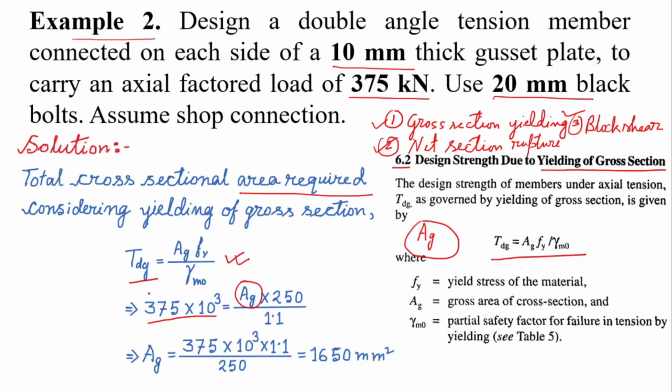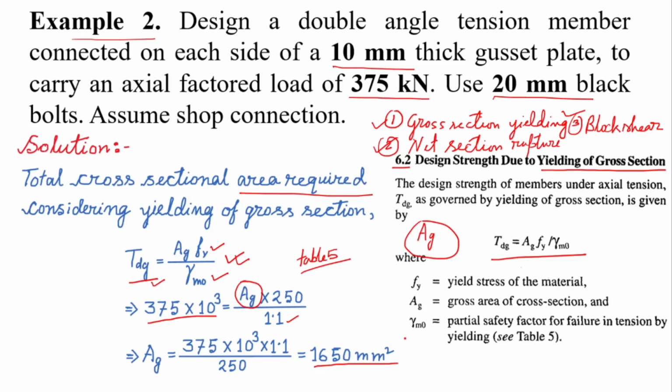So if you put the value of Tdg, then Fy, which is 250, and gamma m0 taken from table number 5 of IS 800, which will be 1.1, we will get the gross cross-sectional area of the angles as 1650 mm square. So this is the gross cross-sectional area required for 2 angles or double angles.